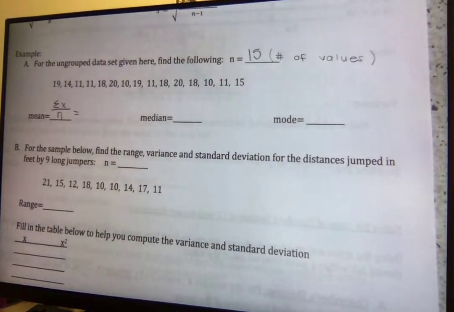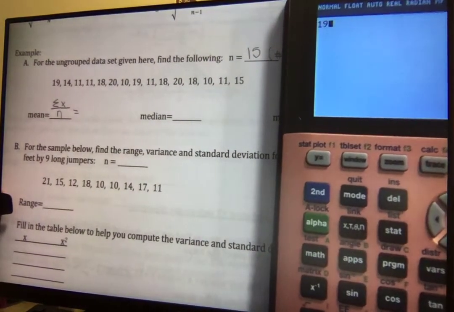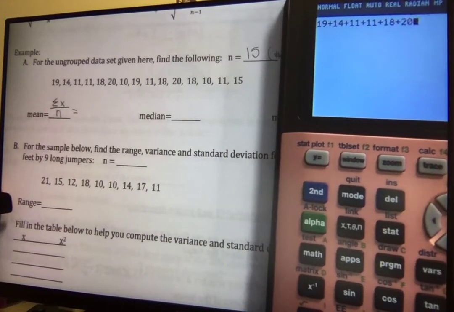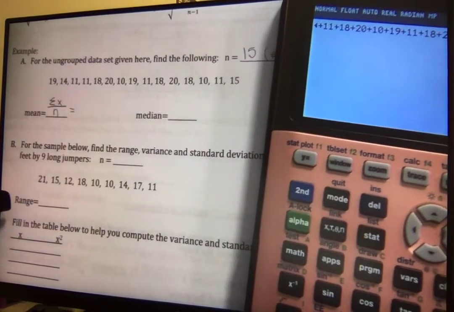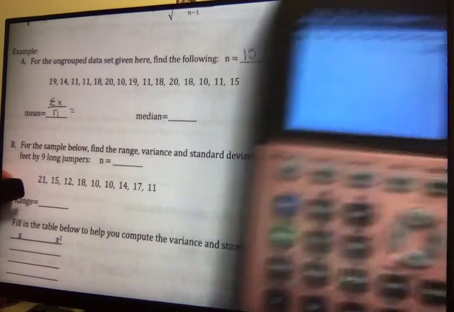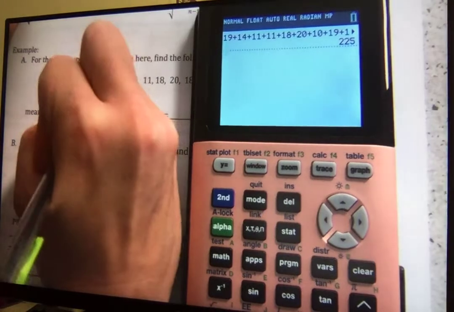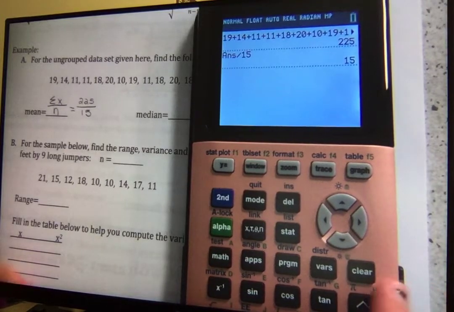So if we add this up, 19 plus 14 plus 11, 11, 18, 20, 10, 19, 11, 18, 20, 18, 10, plus 11, plus 15, added it all up gives us 225. Divided by 15, since we said there were 15 data points, gives us 15 for that mean.